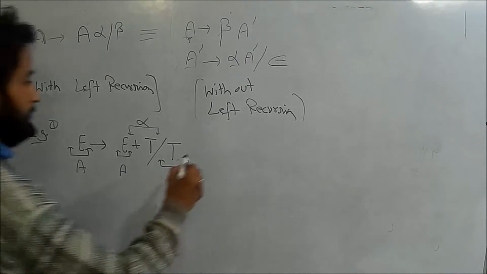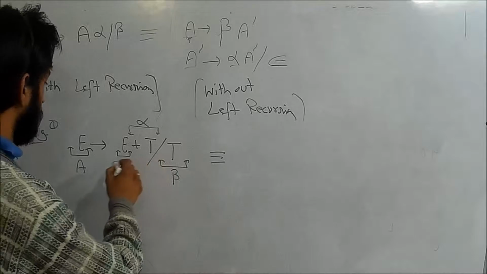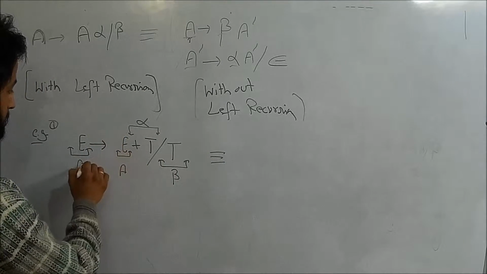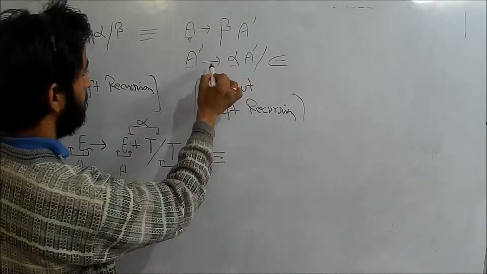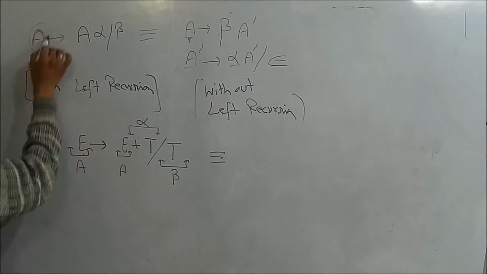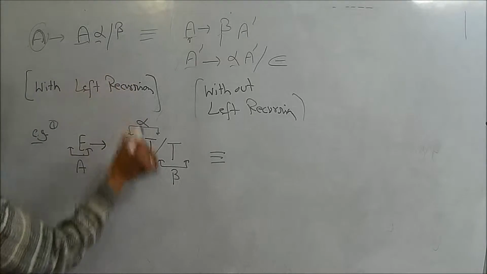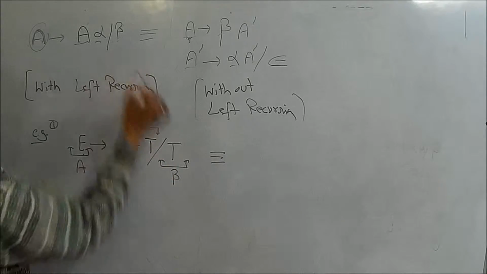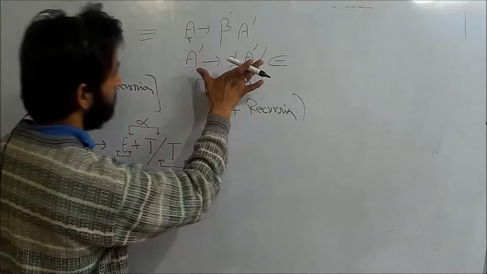Okay, so in this grammar, this one is A, this one is A, alpha is this one, and this one is the beta. So we will change this grammar to an equivalent one.